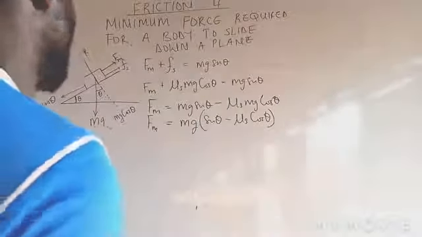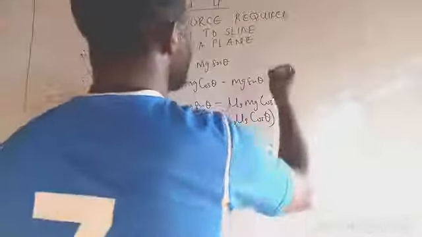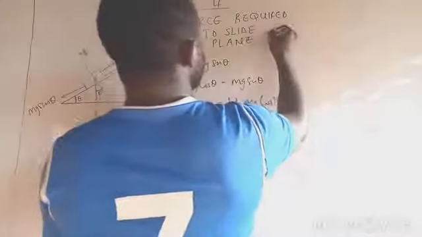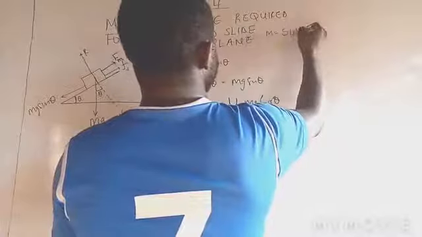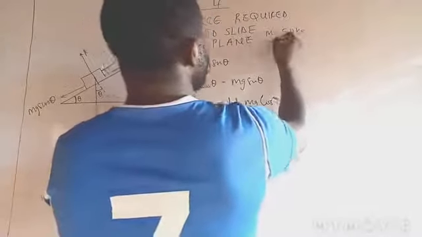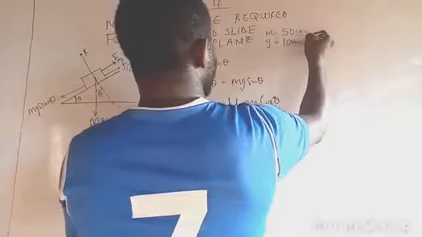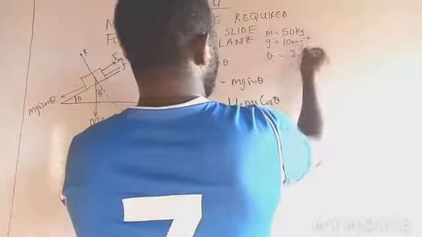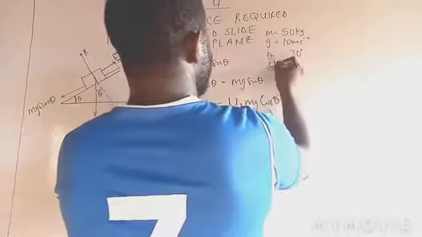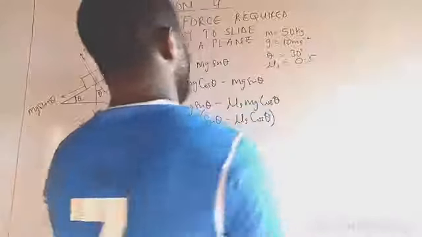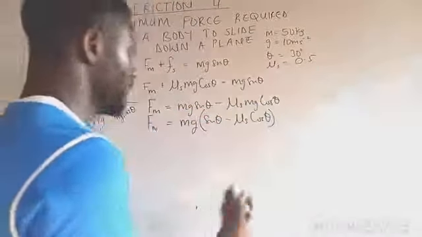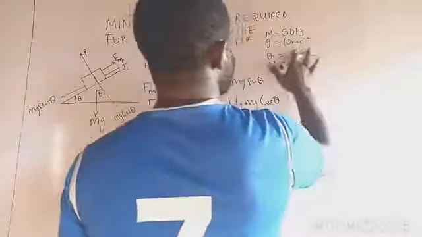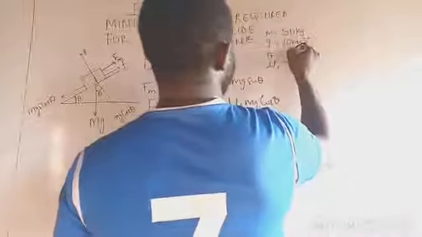Okay, let me put the mass to be 50 kg, g to be 10 meter per second square, then theta to be 30 degree, and then mu s to be 0.5. Or if I like, let me put my theta to be 45 degree.